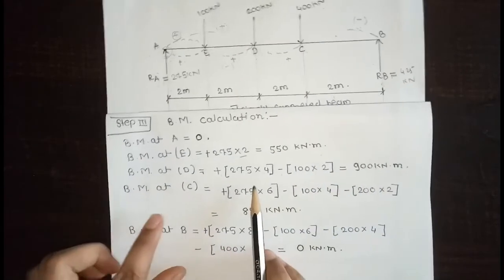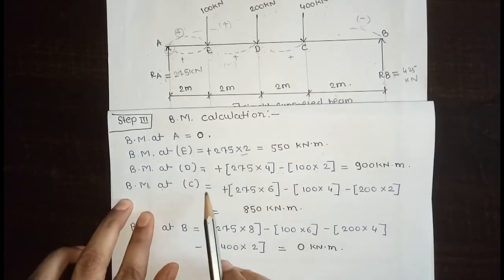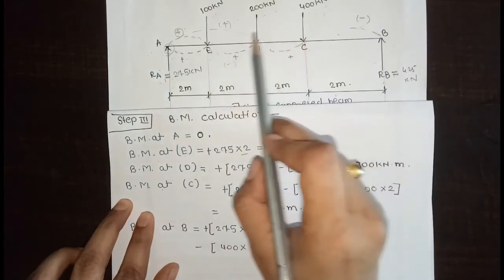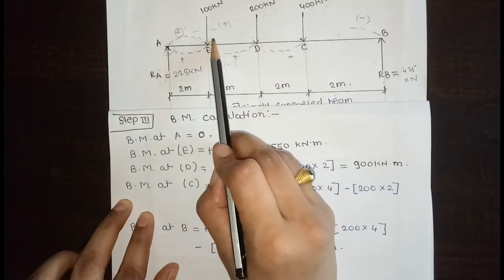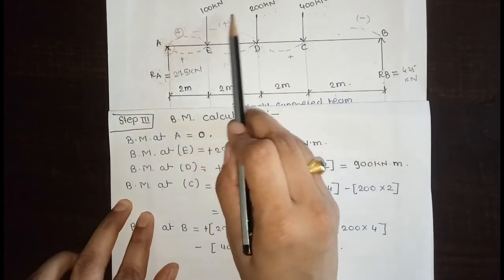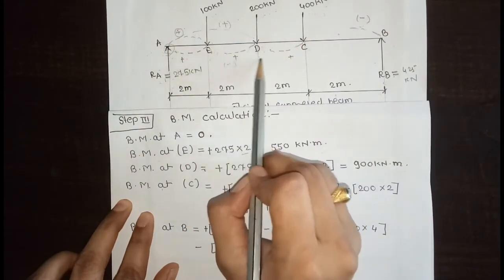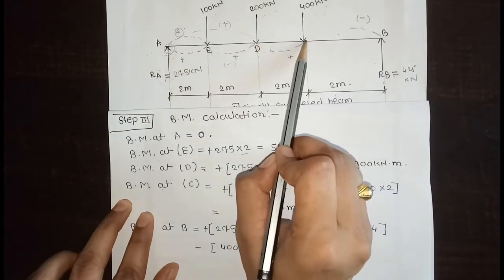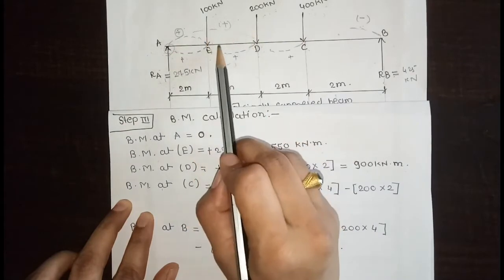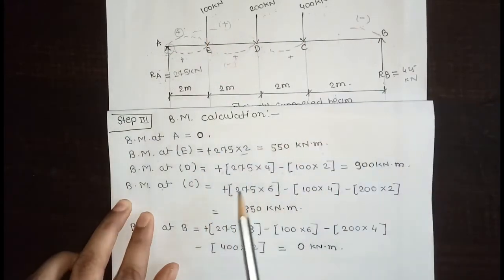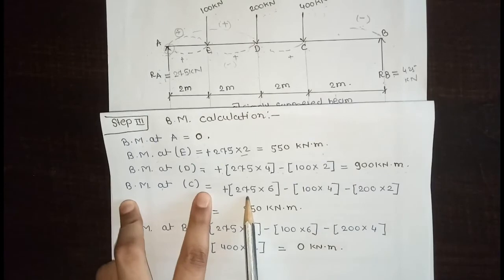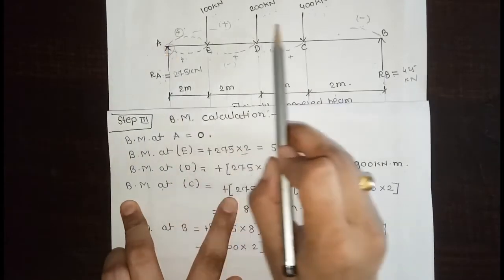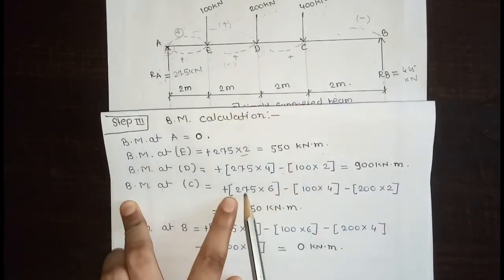is equal to 900 kilonewton meter. Then bending moment at point C is equal to. At point C, how many forces are in the left section from point C? 1, 2, 3. So first force clockwise, and the second and third forces rotate anti-clockwise. So the first is positive and the other 2 forces are negative. First force 275 into perpendicular distance from point A to C, this is 6.